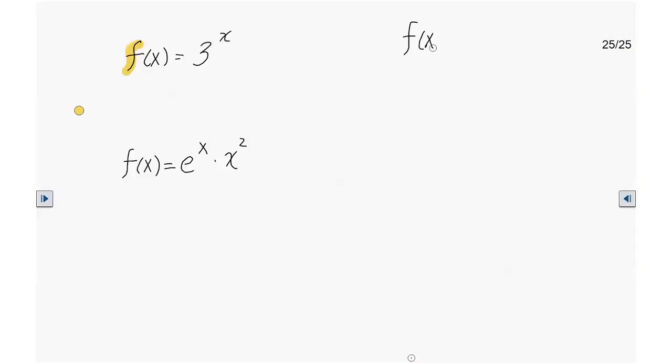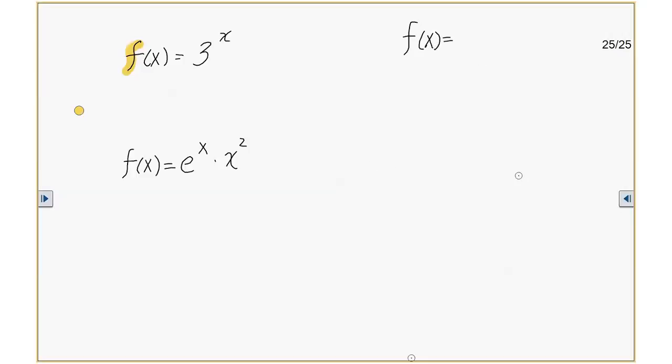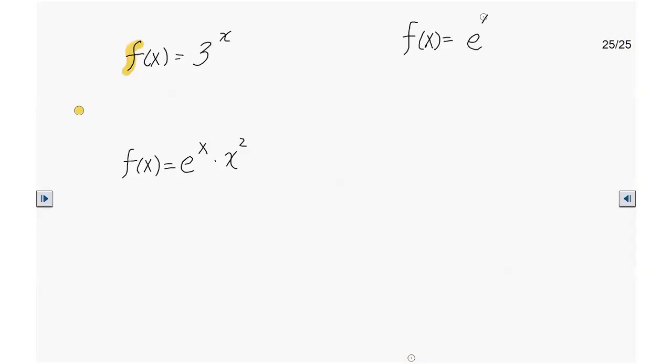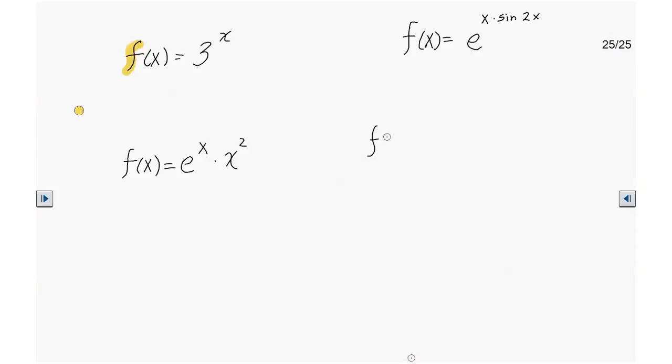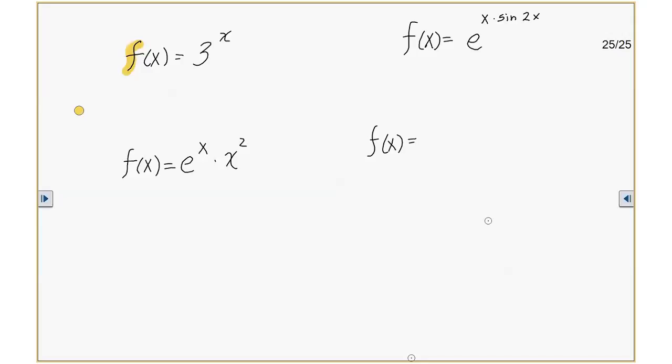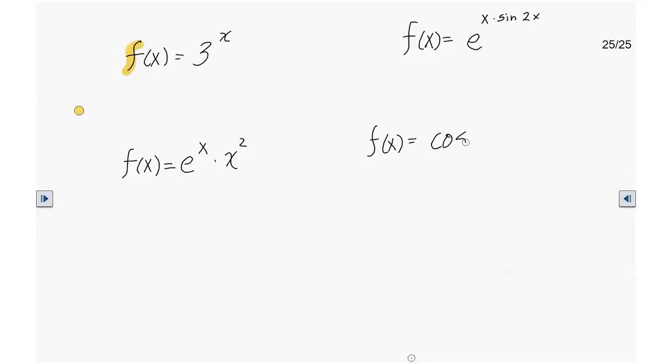F of x is equal to e to the x times sine 2x. Then f of x is equal to cosine of 2 to the pi x.